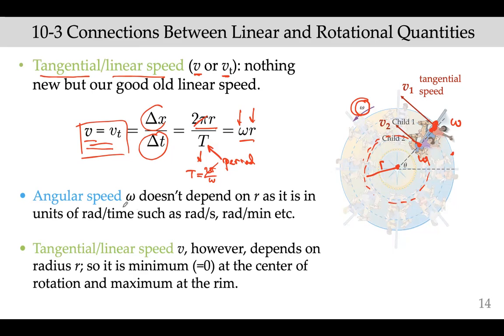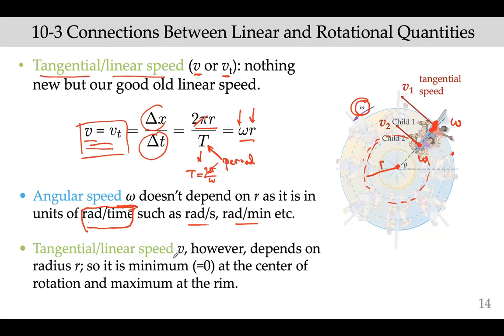So angular speed, omega, doesn't depend on radius, as it's in units of radians per time. There's really no distance in this unit. It's basically degrees or radians divided by time. So it could be radians per second, radians per minute. There's really no distance. So omega doesn't depend on r.